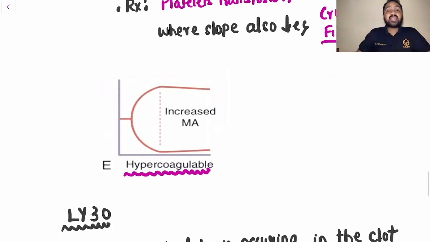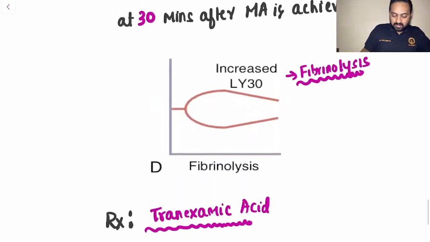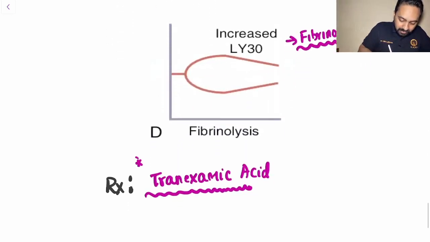Now the increased MA represents your hypocoagulable state, and your LY30 is the amount of lysis occurring in the clot, and value is percentage of reduction at 30 minutes after MA is achieved. Now increased LY30 represents fibrinolysis, where your treatment would be including your tranexamic acid.